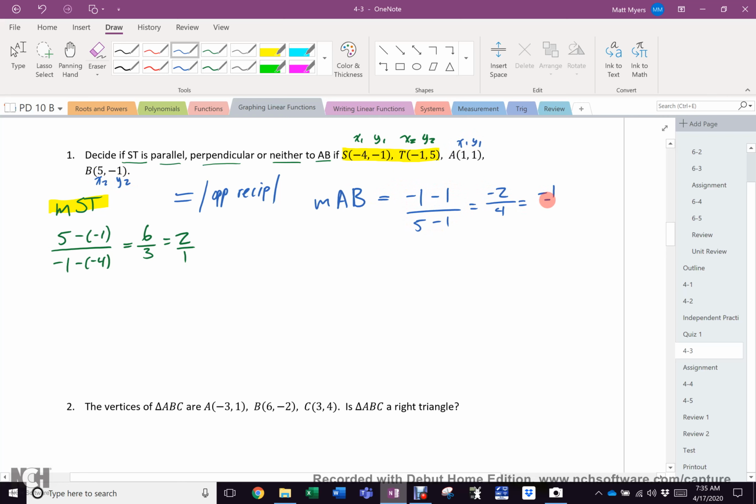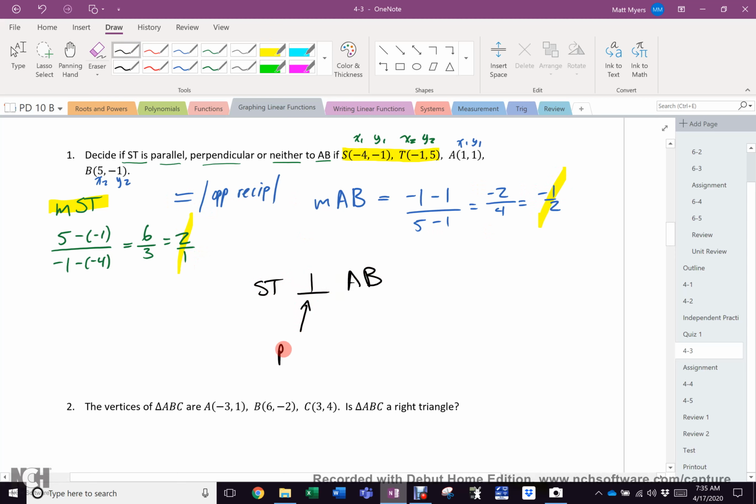That is -1/2. Now, I check. Are those the same? No. Are they opposite reciprocals? Positive, negative, 2/1, 1/2. Yes. So that means ST is perpendicular to AB.